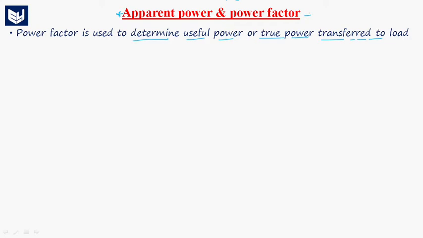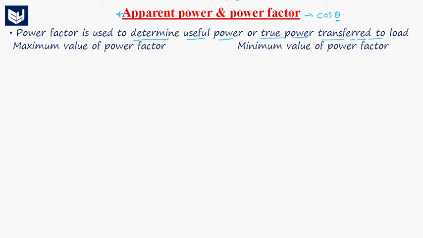Power factor is simply defined as the cosine of the phase angle between voltage and current. If theta is the phase angle between voltage and current, then cos theta represents the power factor. In general, power factor varies from 0 to 1.